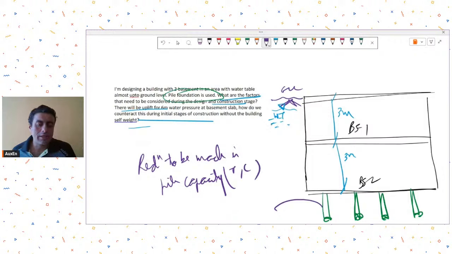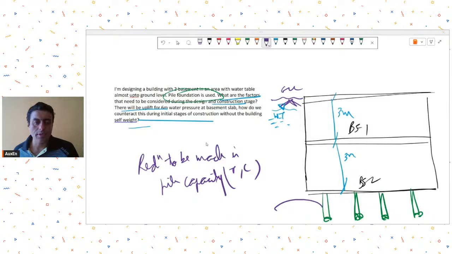So you'll have to make that reduction in the pile capacity when pile is inundated, or let's say pile is under water.